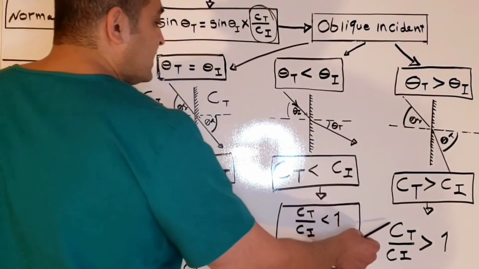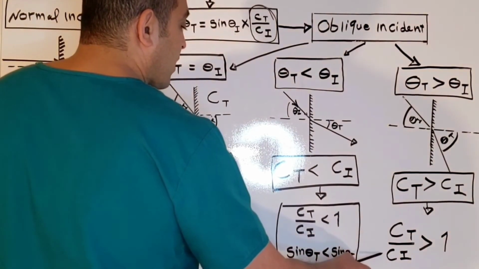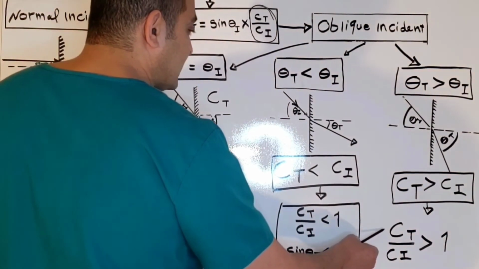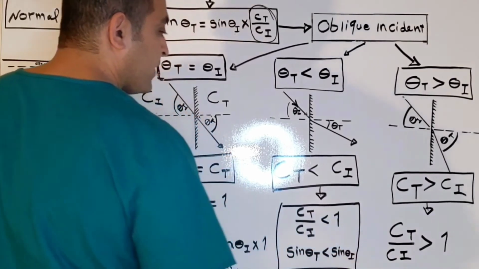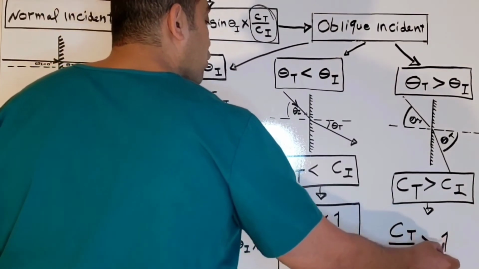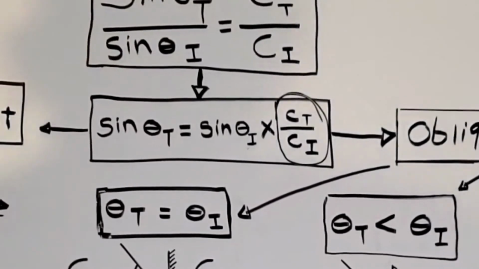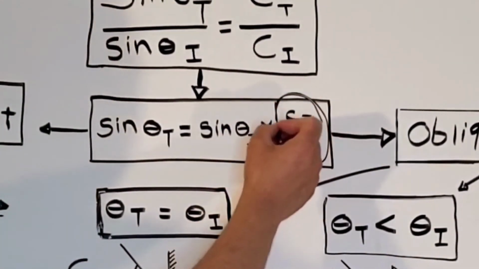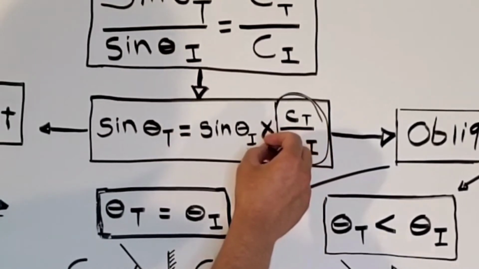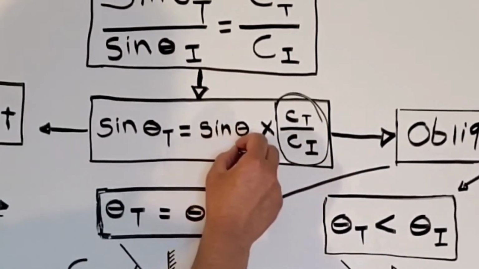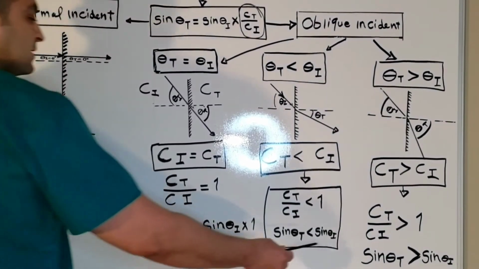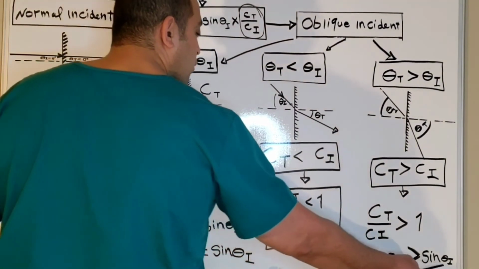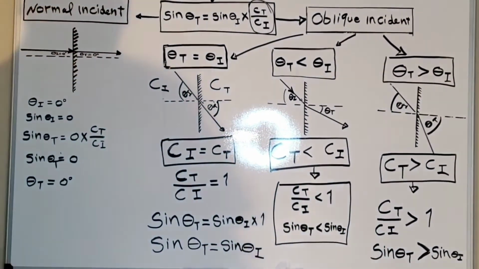So when we divide ct by ci, and because ct is more than ci, the result will be more than 1. And when we multiply any number by any number which is more than 1, the result will be bigger than the original value. And that means that sine theta t will be more than sine theta I.